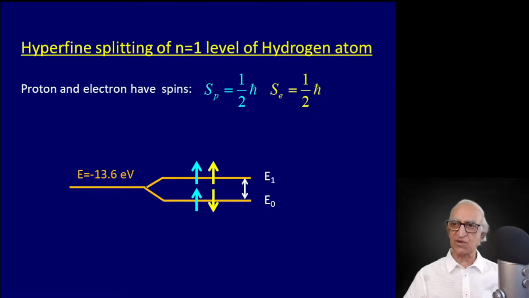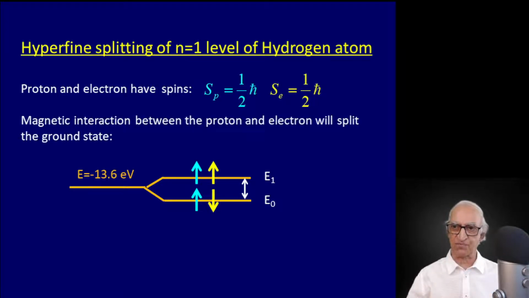Both electron and proton have spin angular momentum half h bar. This is the proton, this is the electron. The upper level corresponds to proton and electron spin angular momentum being parallel. The lower state corresponds to them being anti-parallel, just as in the Zeeman formula that I showed before.